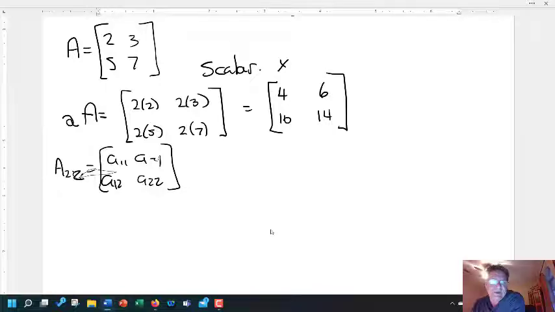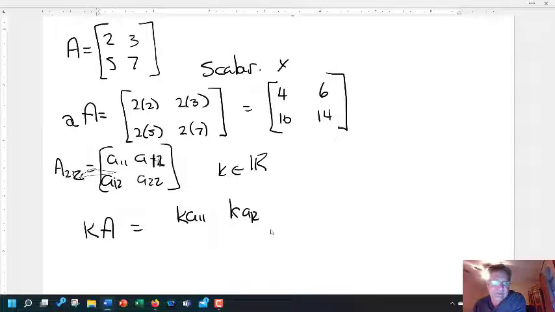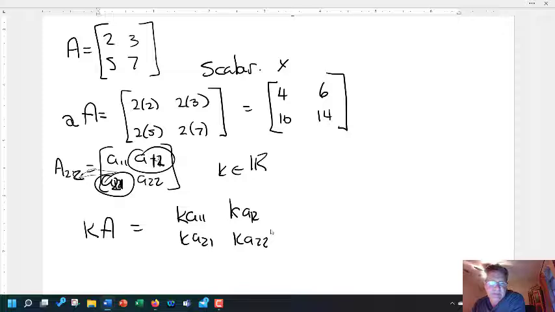And in general, if I use k as an element of the real numbers, then I can define this in a very pedantic way: k times A is simply going to be kA11, kA12, kA21, and kA22. Sorry, I had those backwards and messy. So that would be my kA.